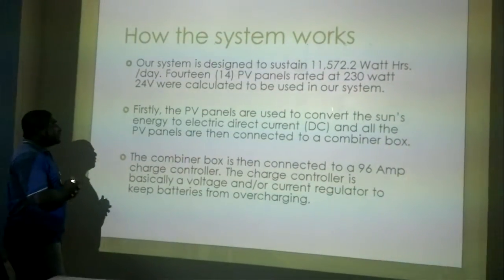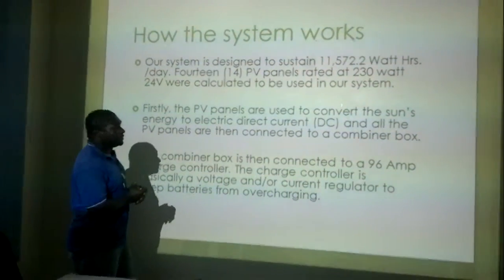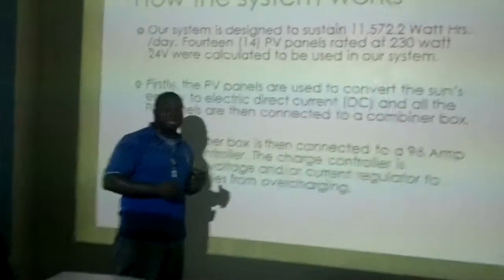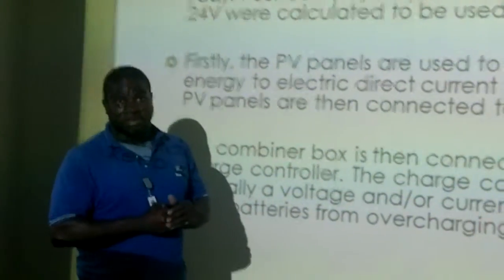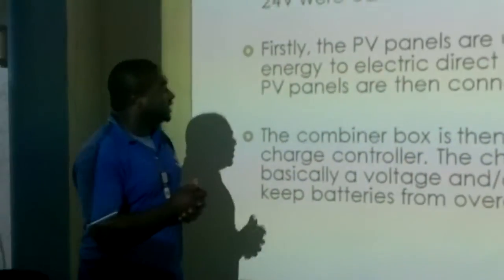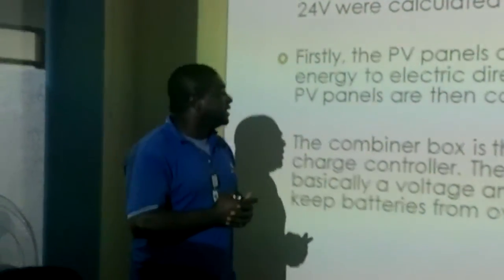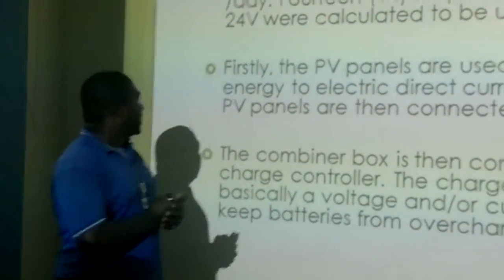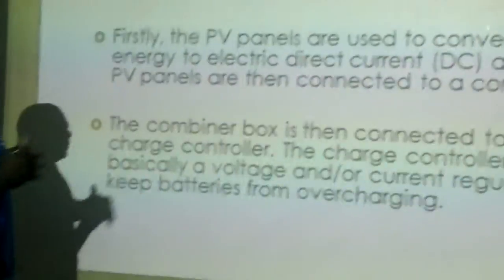As explained earlier, the PV panels are what provide the DC source. They capture the sun's energy and convert it to the direct current needed to supply DC to the system.